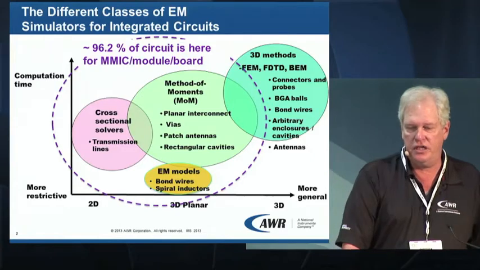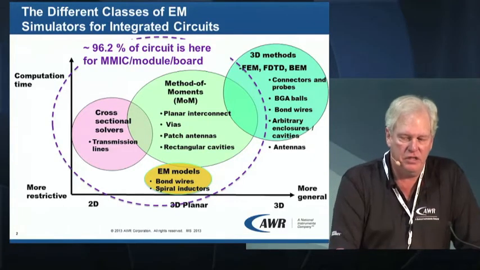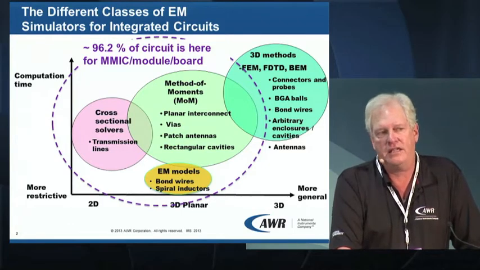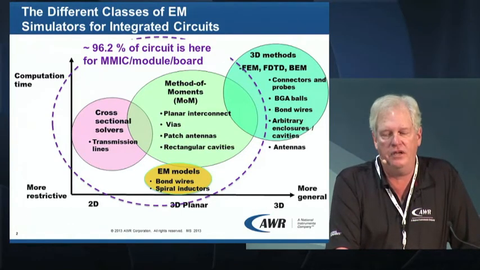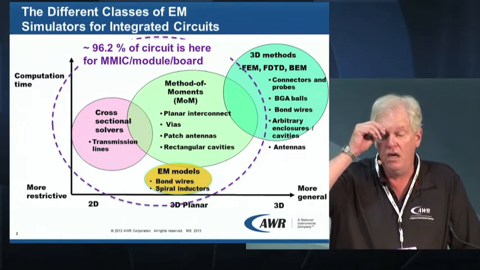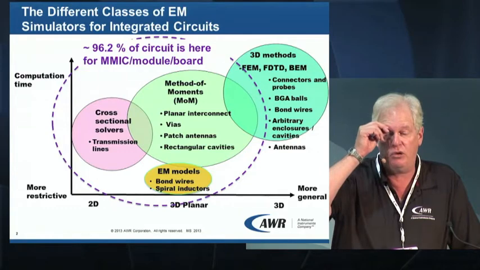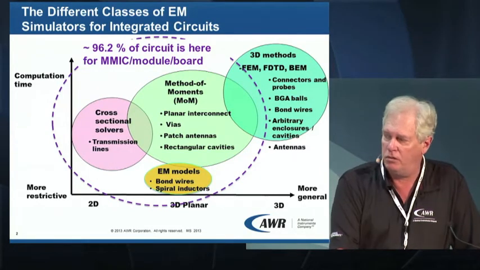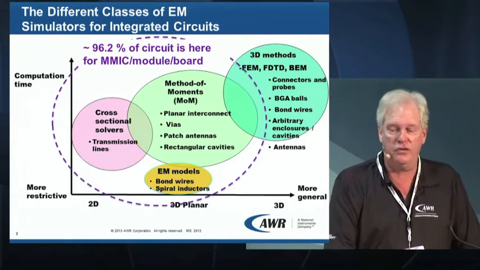Now, what you see in this slide, I've attempted to show you a classification or taxonomy, if you will, of the major types, classes of EM simulators. I'm sure many of you know this already. You see three bubbles going across with a small gold bubble below. So let's run through this quickly.